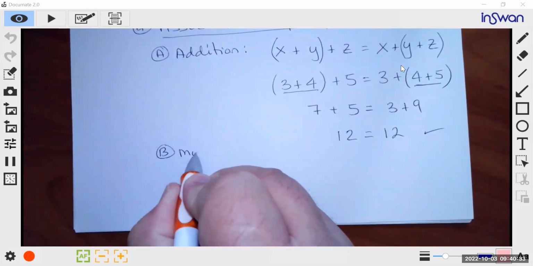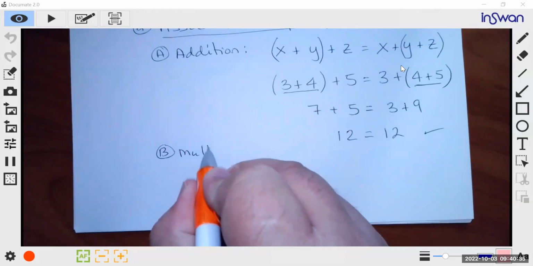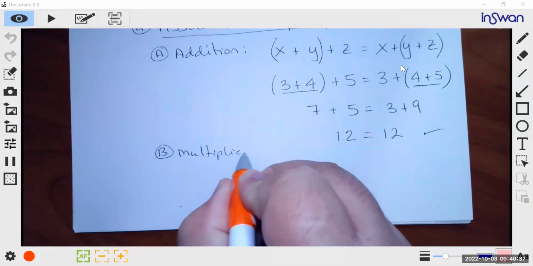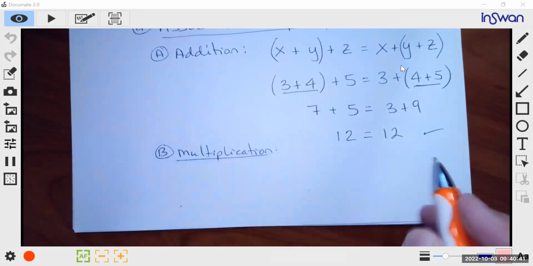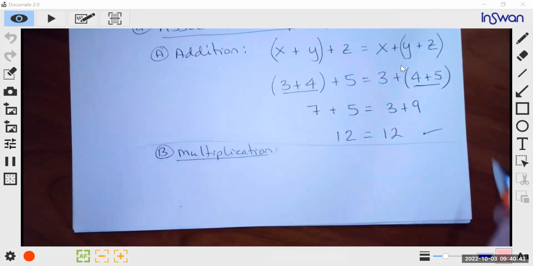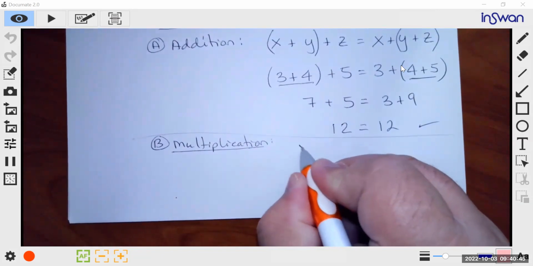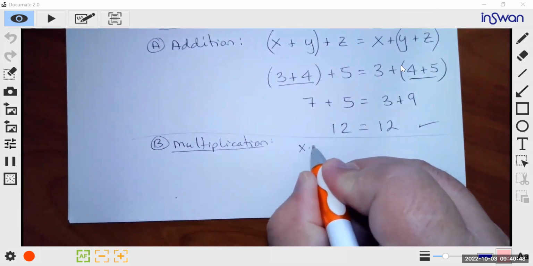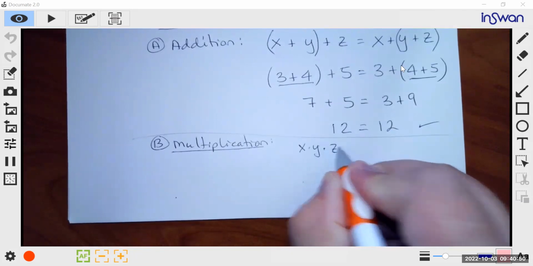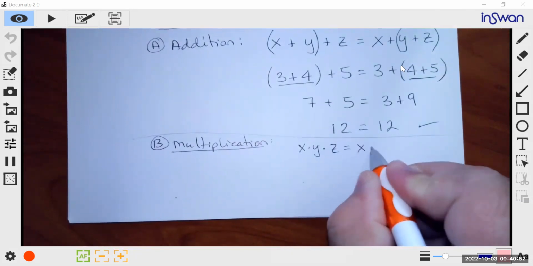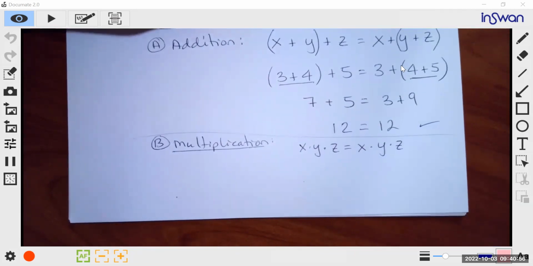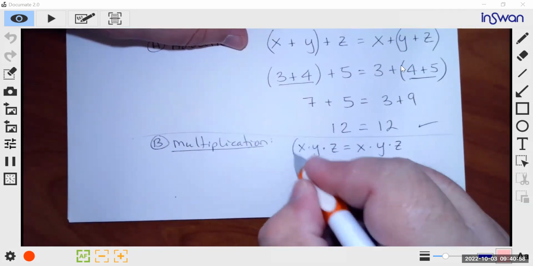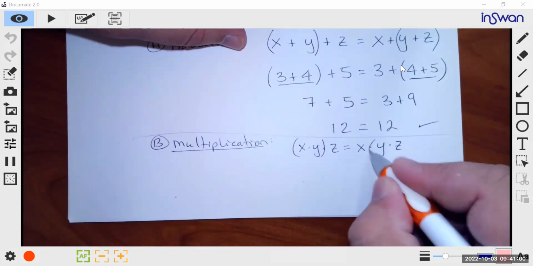The same thing is true with the associative property of multiplication. It says (x times y) times z is equal to x times (y times z). So I pair the first 2 and I pair the last 2.